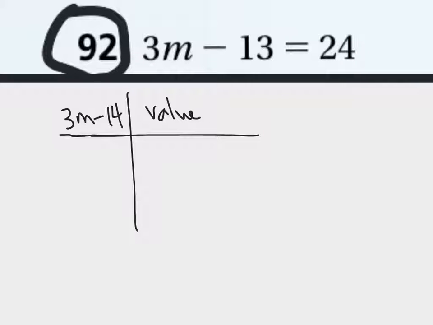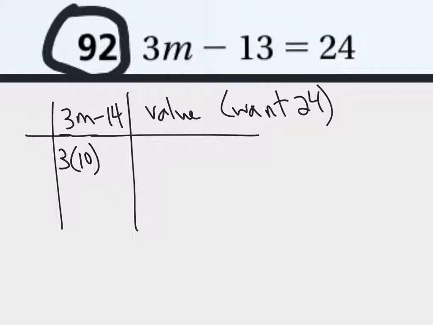We're just going to guess some numbers. So we want our value to be 24. So we'll just try some different numbers. So let's say we put a 10 in place of m. That'd be 30 minus 14, that'd be 16.